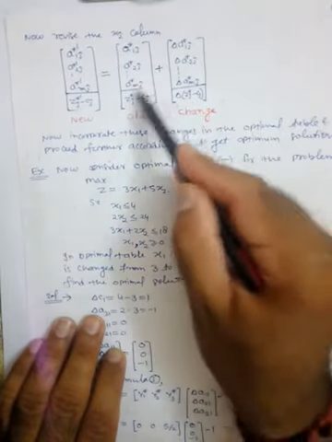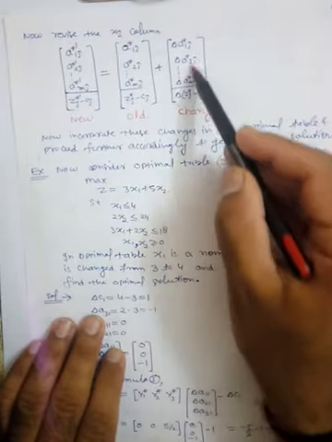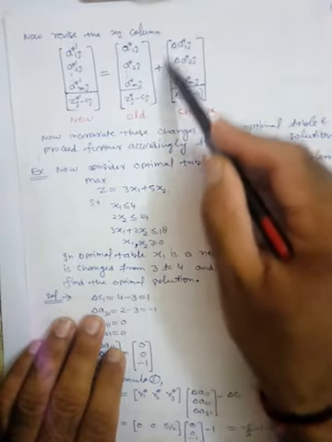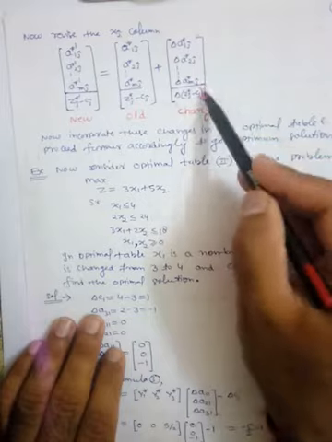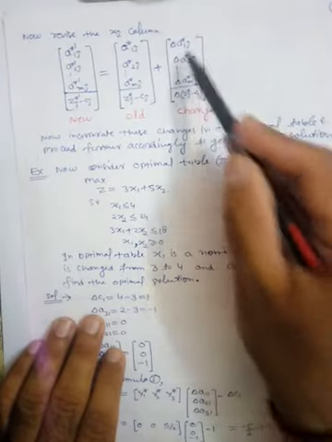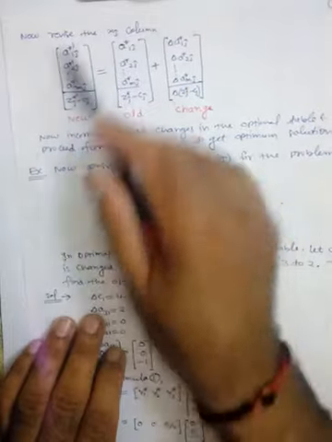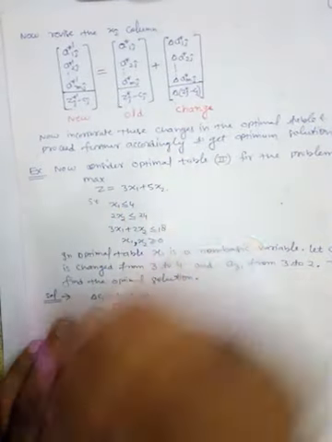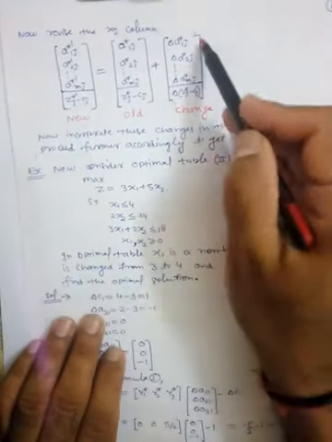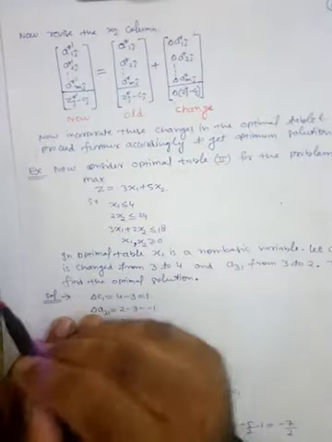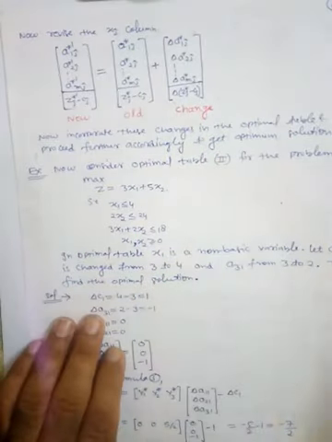This is in the z row and this is revised with the help of formula number 4. This is with the help of formula number 3. So revise this column, then add these two and this is the updated value: new, old and change. This change is calculated with the help of formulae 3 and 4. I think you understand. Now we will take the problem.